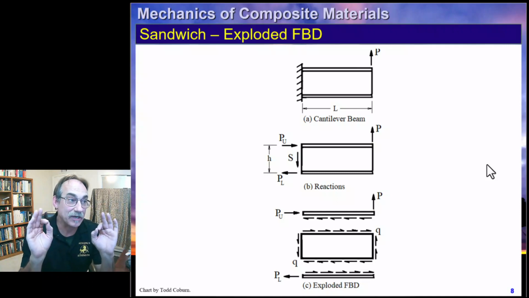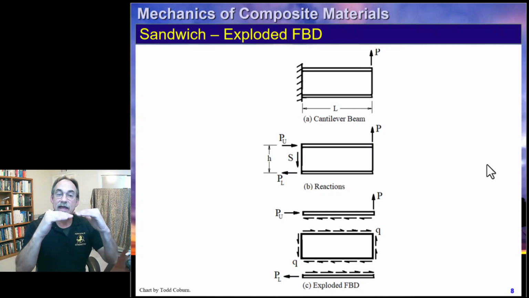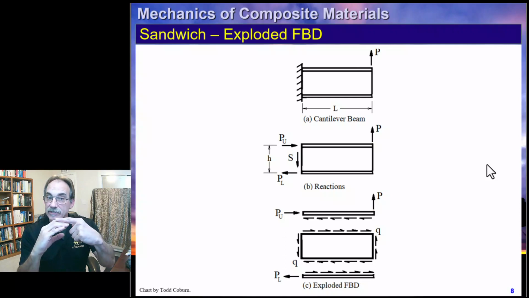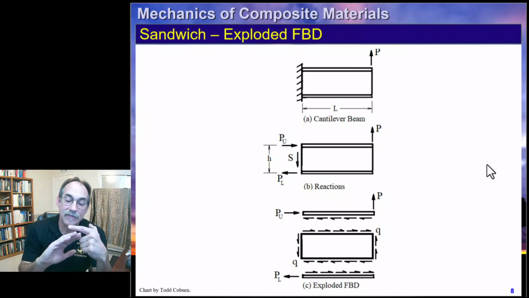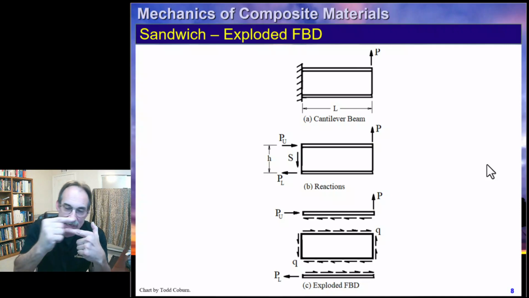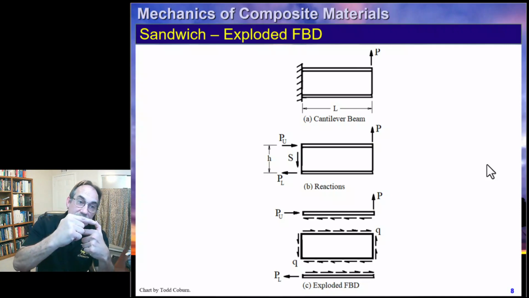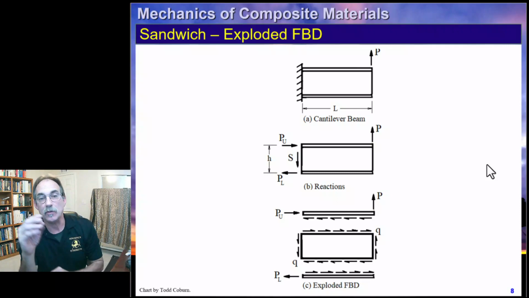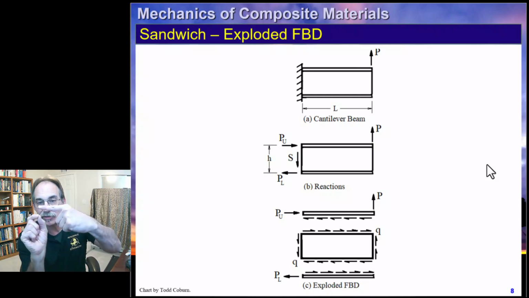Now, action and reaction pairs means if we focus on that upper surface of the core, we have these little shear flows going this way. That means they're the ones acting on the core like this. That means they're acting in the opposite direction on the facesheet. So you see the facesheet has a 0 load on the right end because there's no axial load applied there. It starts picking up. Here's the facesheet.